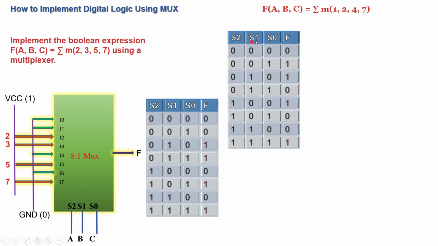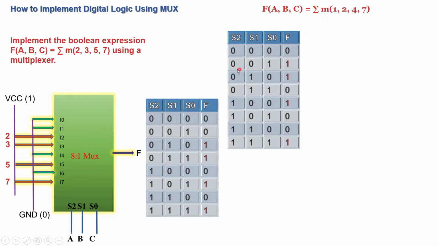So here is S2, S1, S0. Obviously, there are 3 select lines and there is a single output. So we are talking about using an 8 is to 1 MUX. Why? Because we have n equals 3. Therefore, according to the previous definition, we are going to use an 8 is to 1 multiplexer.